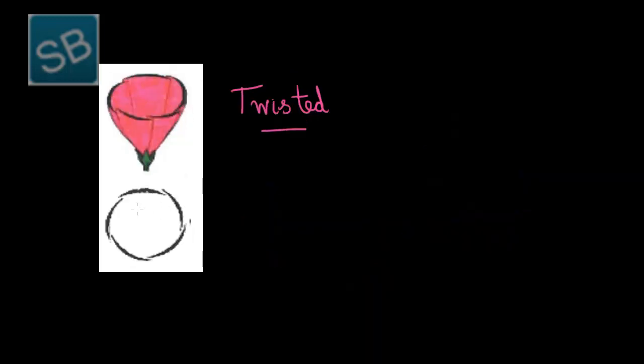Now, the second type of aestivation is twisted. As it can be seen from the figure, if the component members, that is sepals and petals, have only one margin overlapped by the margin of another, then such a type of arrangement of sepals and petals is known as twisted.